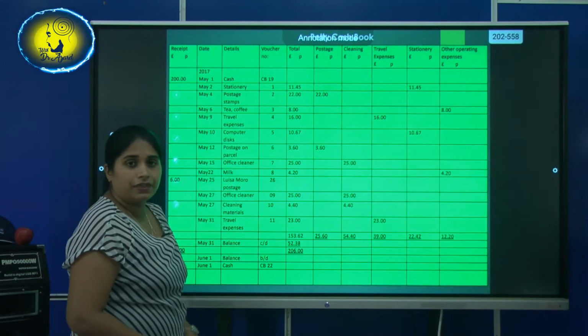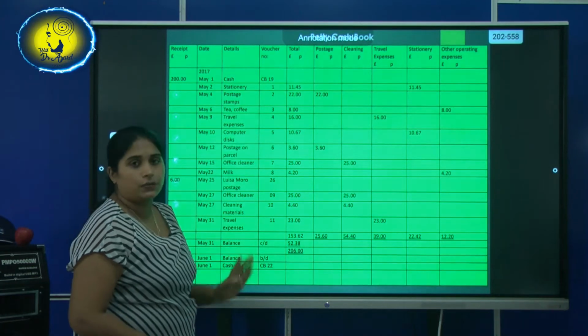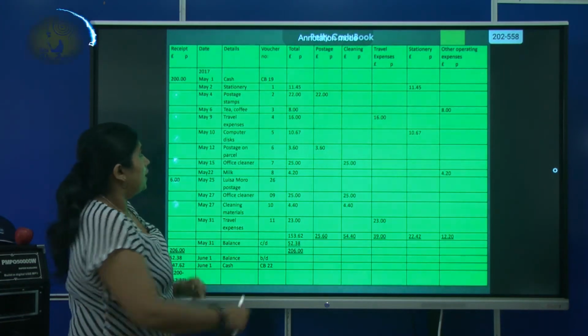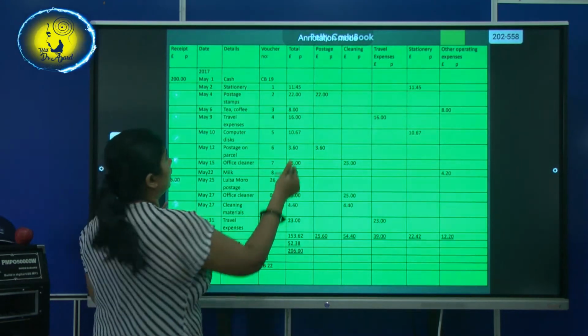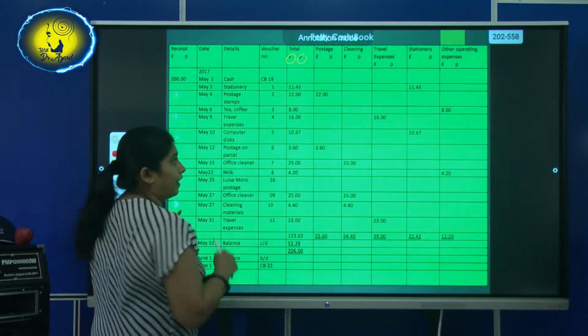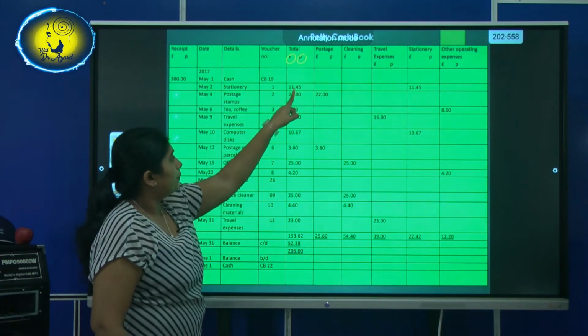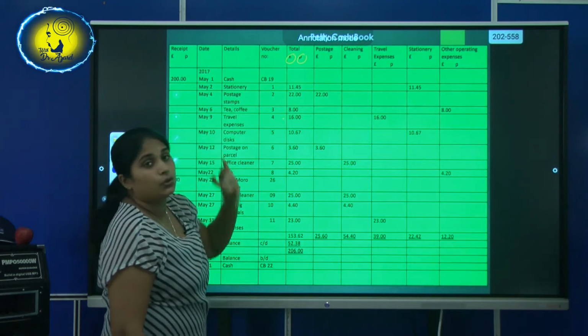They have not given the voucher number, so we are the ones issuing it, so we can start with voucher number 1. Here you will be able to see pound is there and also pence is there. So 11 pounds and 75 pence has been included in the total.